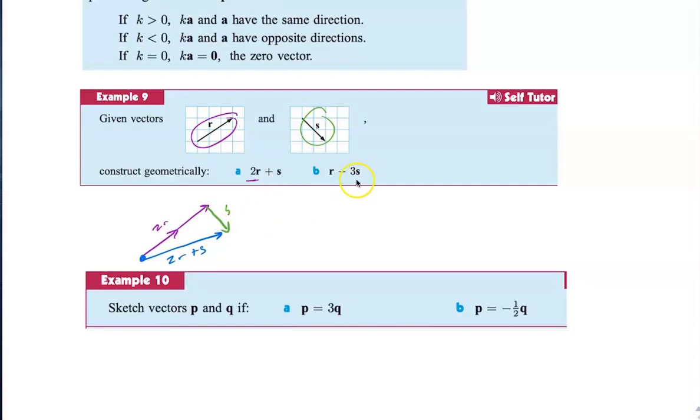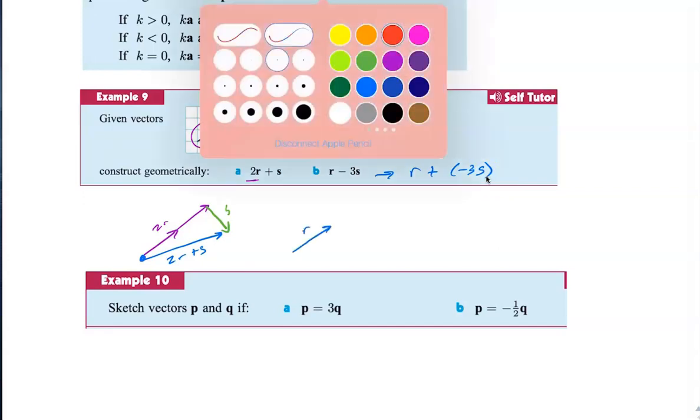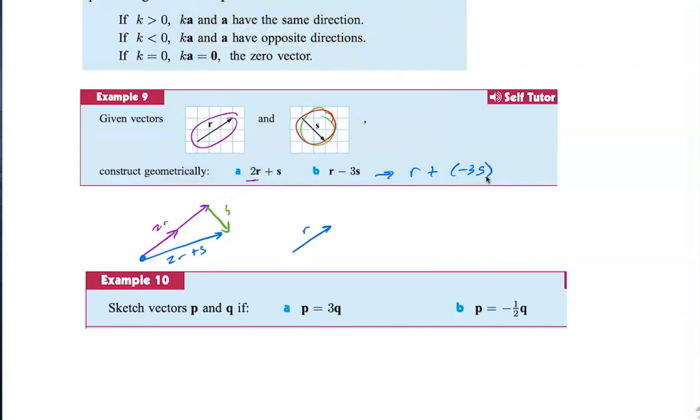How about r minus 3s? Now remember, we don't really subtract. I see this as r plus negative 3s, so 3s is going the wrong direction. Let's do r first. So r is going like this. Now we need negative 3s. S is going this way, so negative s would be going the opposite way.